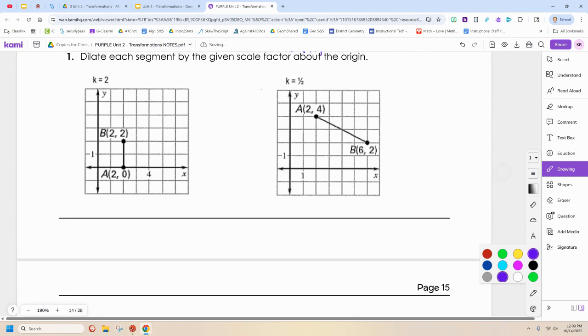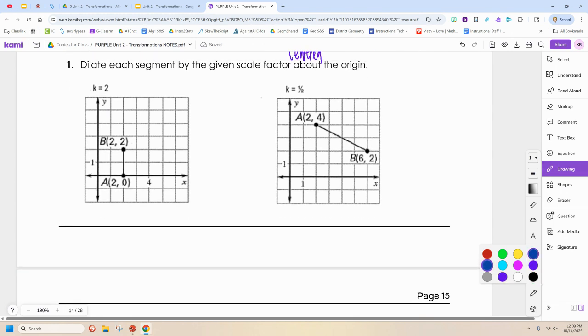If we look at this first one, we have a scale factor of 2. So that means for every coordinate pair we have, we're going to take the x coordinate and multiply it by 2, and the y coordinate multiplied by 2. So 2x, 2y. Now you can do these in your head, or you can do them mathematically down below.